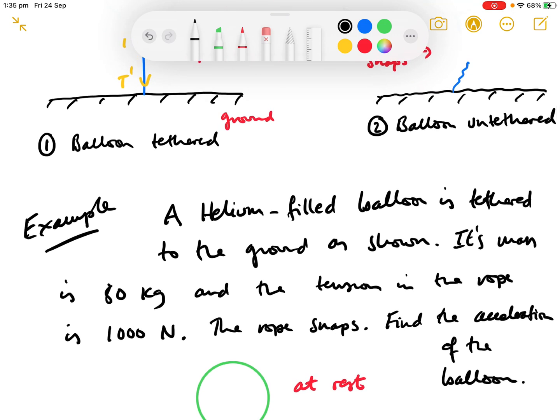So here is a typical question. A helium-filled balloon is tethered to the ground as shown. We'll see the diagram in a minute. Its mass is 80 kilograms.